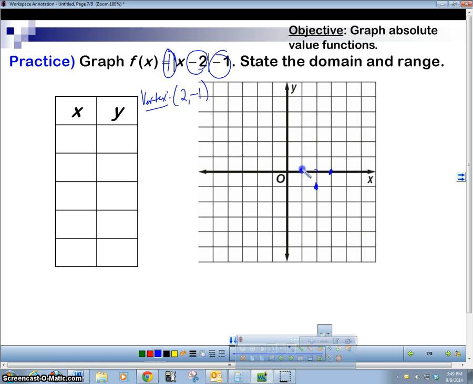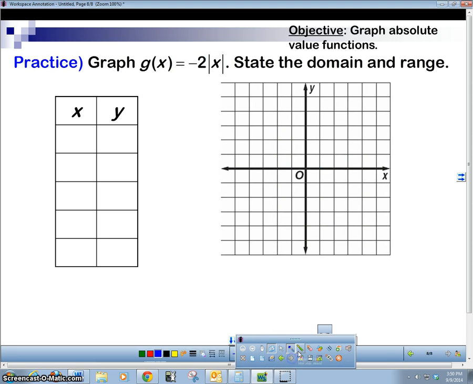Up 1 and over 1. And I'm going to draw my lines. Done. Okay, that's it. What's our domain? All real numbers. Come on, don't mess that up. It's always the same thing. You can't get that wrong. And what's our range? Our range is going to be y values that are greater than or equal to 1.